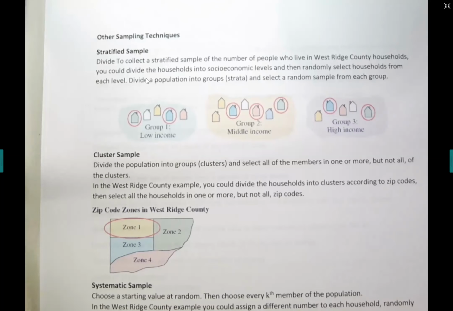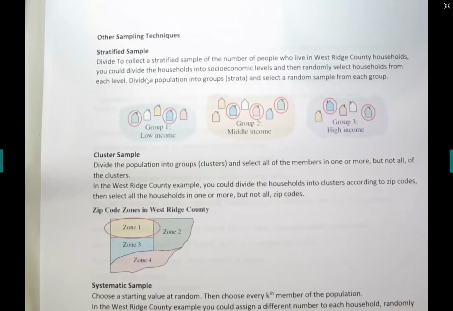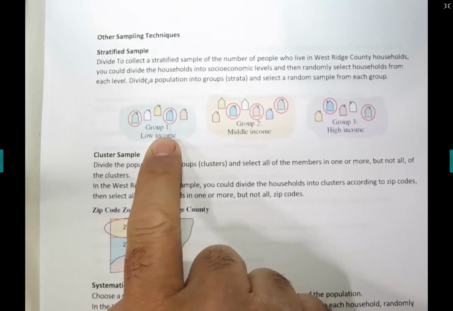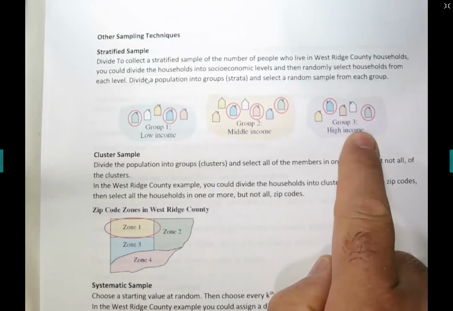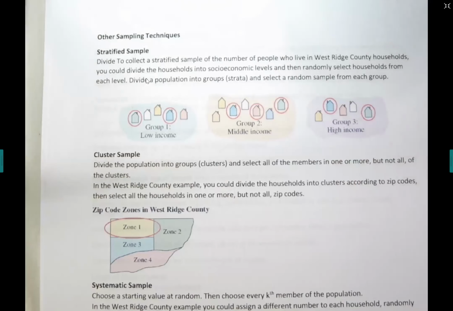And I'm going to give you an example to collect a stratified sample for the number of people who live in Westridge County households. You could divide the households into socioeconomic levels: low income group, middle income group, and high income group, and go and select members from each group and put them together to make your sample. That sounds very fair.